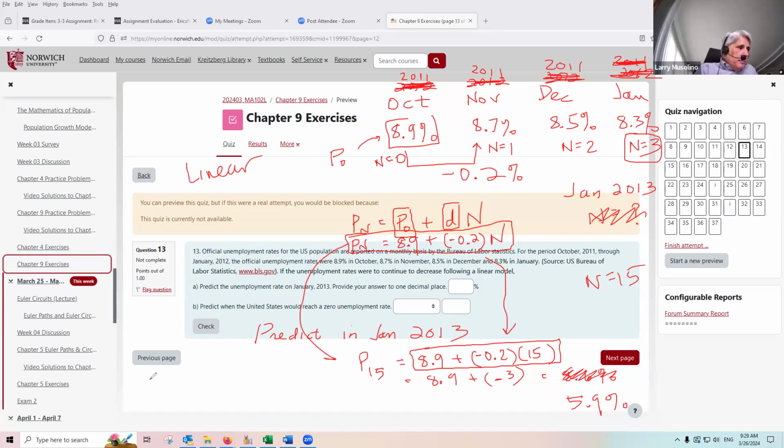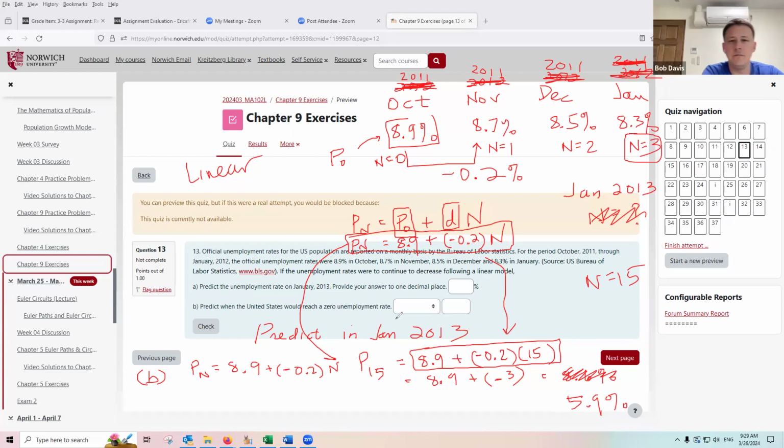How about part B? Part B says predict when the unemployment rate is 0. Any idea or thoughts on what you might do for that one? We just figured out, by the way, that in January 2013, the unemployment rate is 5.9%.